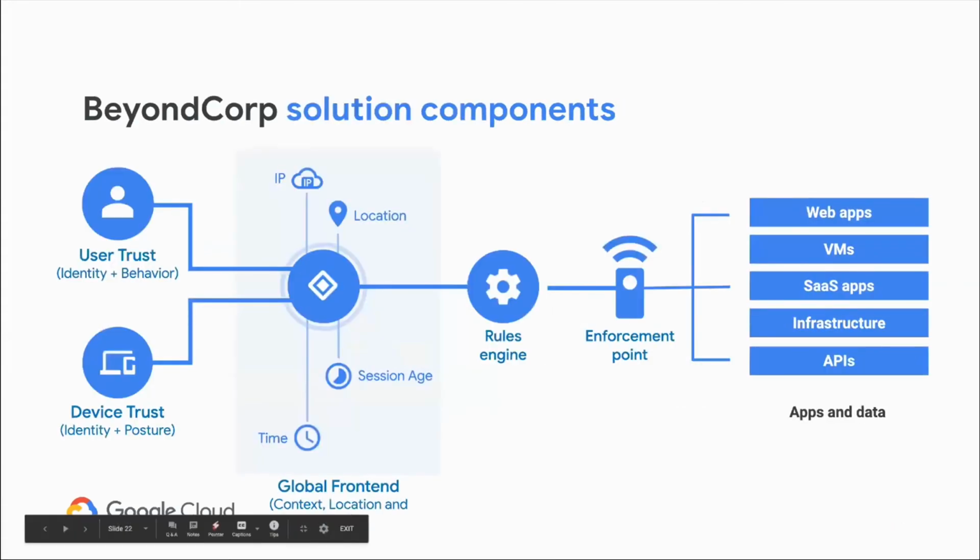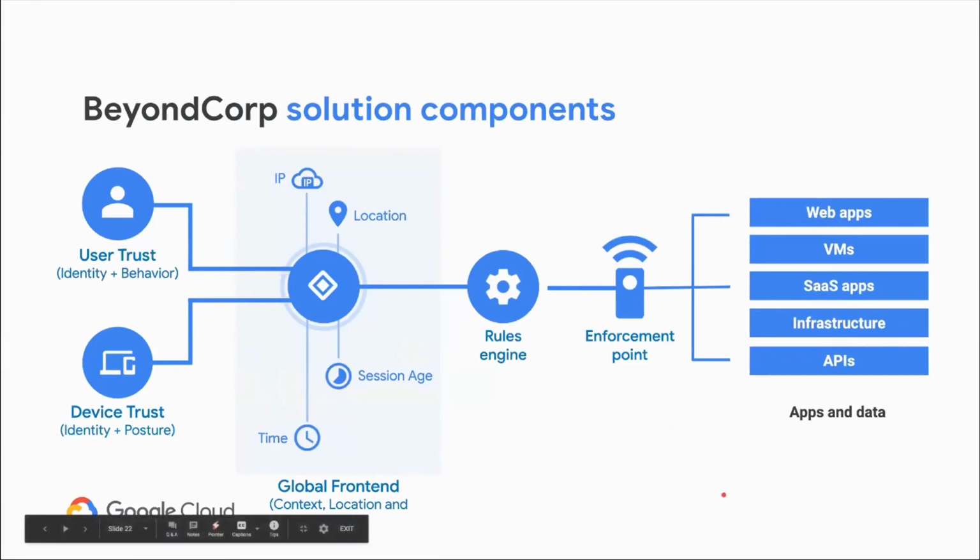So let's see how this works, right? Let's say that you have some internal applications that you need to protect. We look at your identity and behavior and security posture. We evaluate that through rules, and we enforce those at the point of entry.